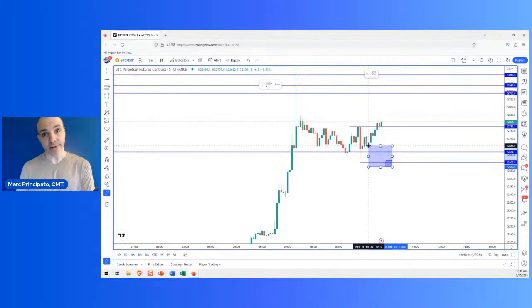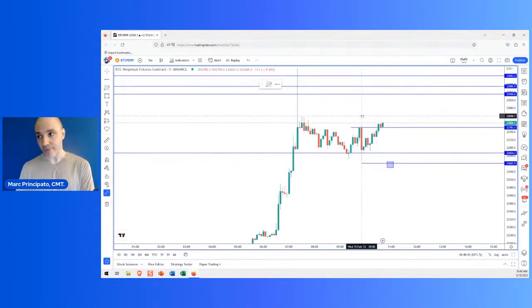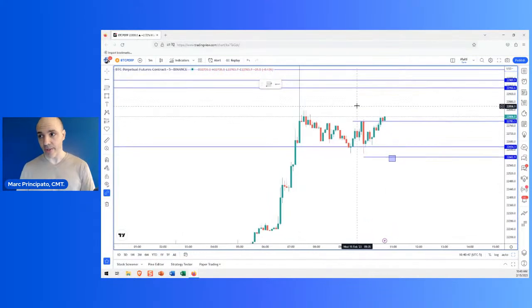Same area, but it would have been almost half of the risk I'm taking here. So depending on whether you're using that same 2% or 1%, that's going to help determine what size you should put on, and then you adjust your leverage that way.